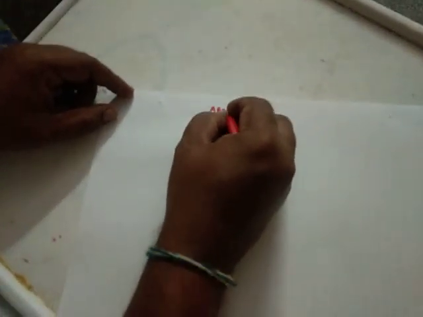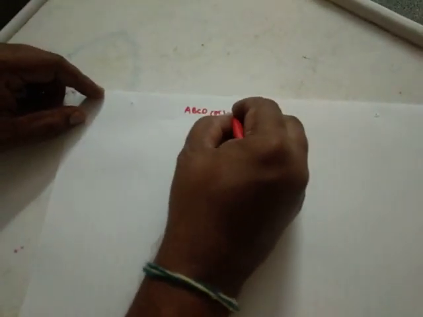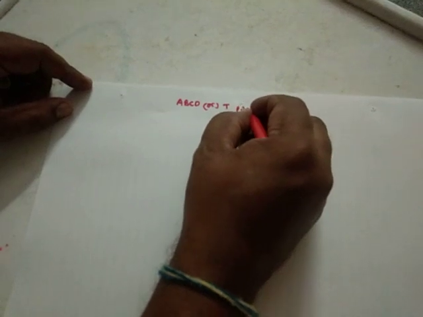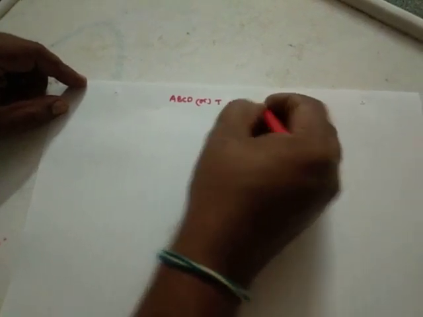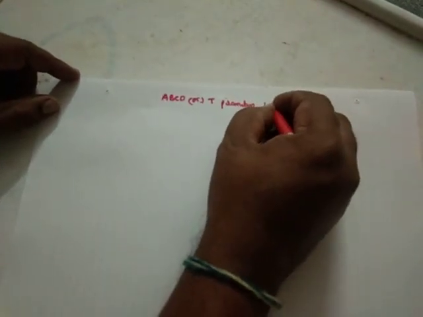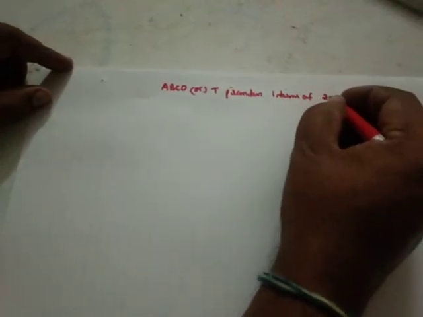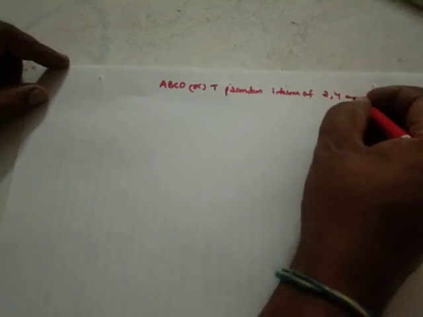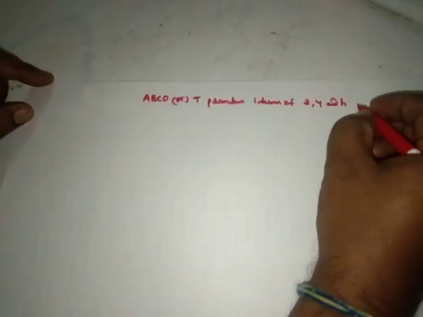Procedure is: ABCD or T parameters in terms of Z, Y and H parameters.